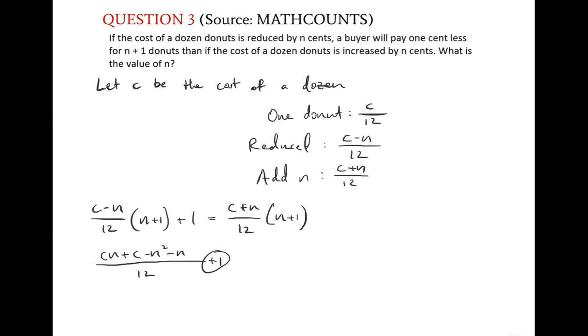And you can move this up into this fraction. So plus 12 actually. And then we're going to expand this side, cn plus c minus, plus n squared plus n over 12. And since they're both divisible by 12, you can just get rid of this fraction.